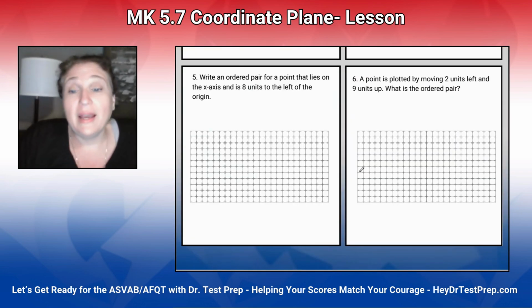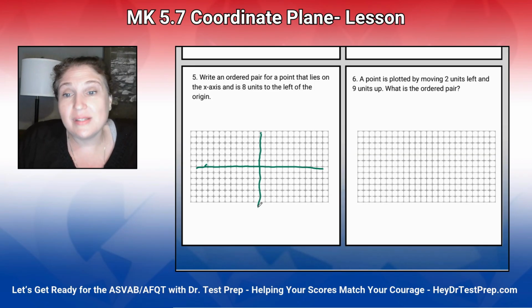Okay. Now, sometimes our numbers stay on the axis. So this says, what ordered pair lies on this line and is 8 units left? This is the x, this is the y. So 8 units left, 1, 2, 3, 4, 5, 6, 7, 8. This is the point.